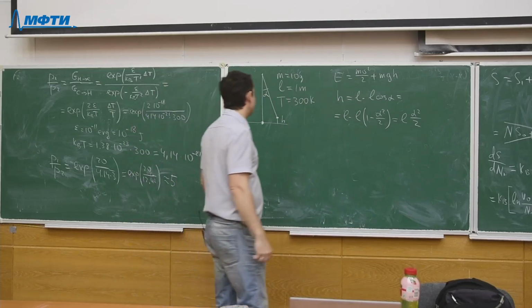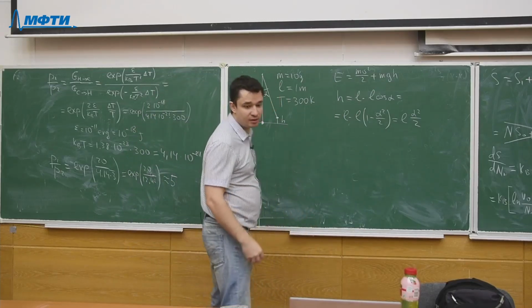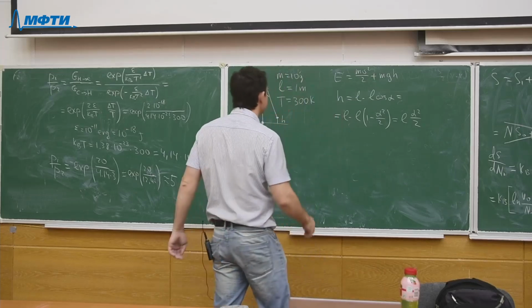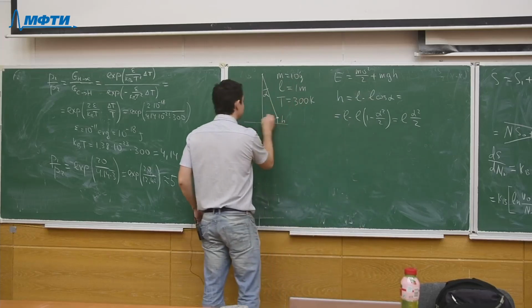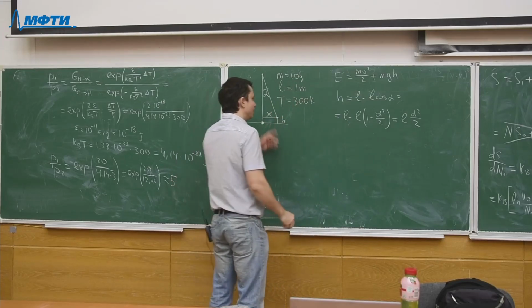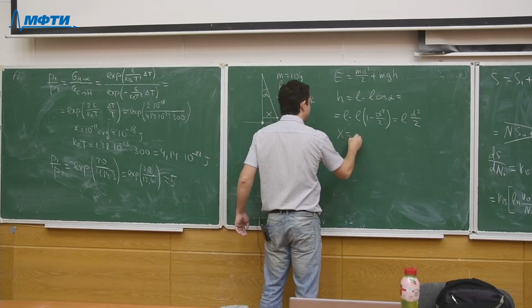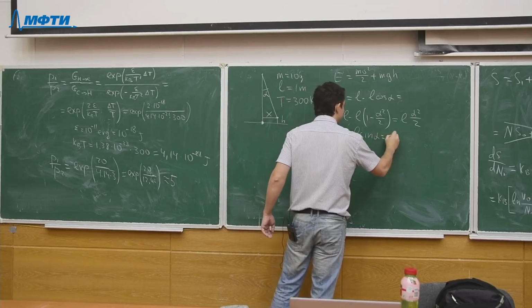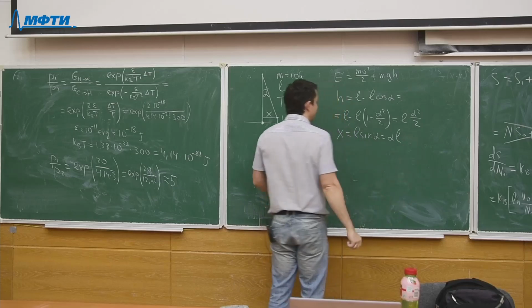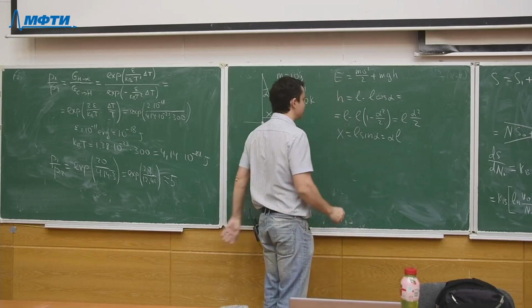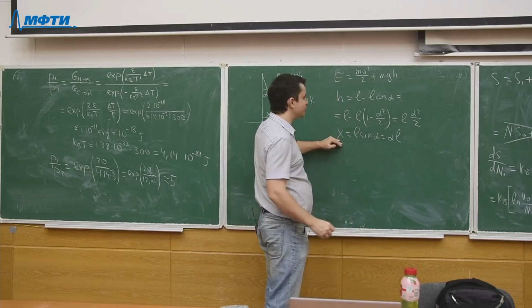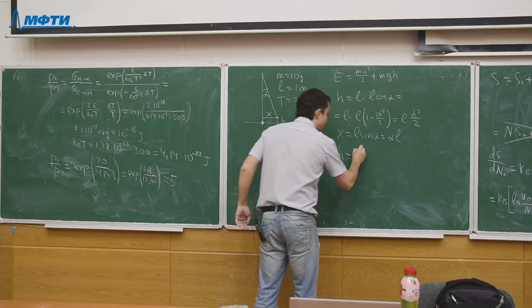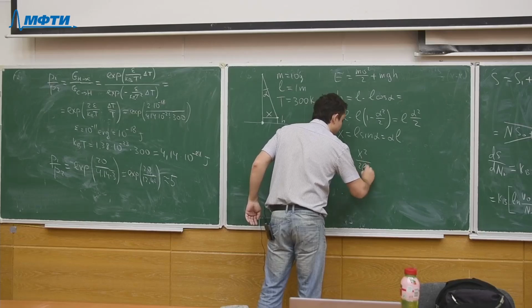What I need actually is to find the horizontal deviation x. For it, I can write that this is approximately equal to L sine alpha, so approximately alpha L. From these two equations, I can express h as a function of x. That gives me h equals x squared over 2L.